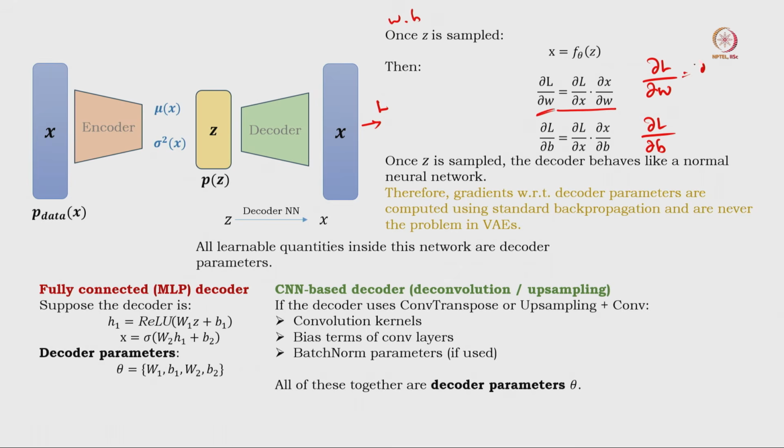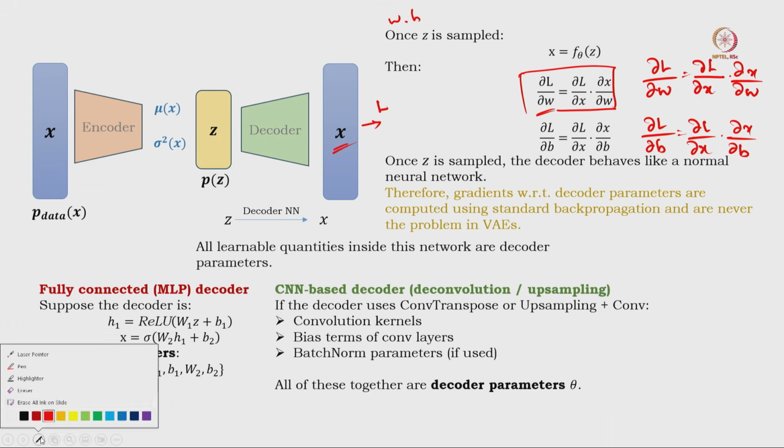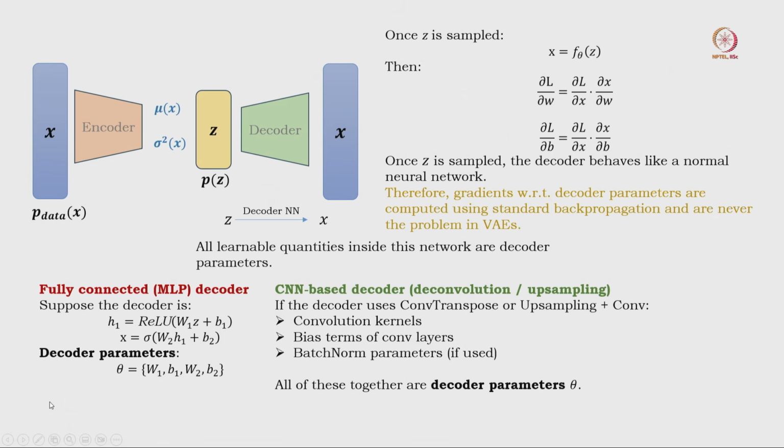So, it is the derivative of loss with respect to x, then the derivative of x with respect to W. That is what is being written here. In a similar way, derivative of loss with respect to this x, and from x you can reach the bias term. So, this is how you will compute the gradients at the decoder side.